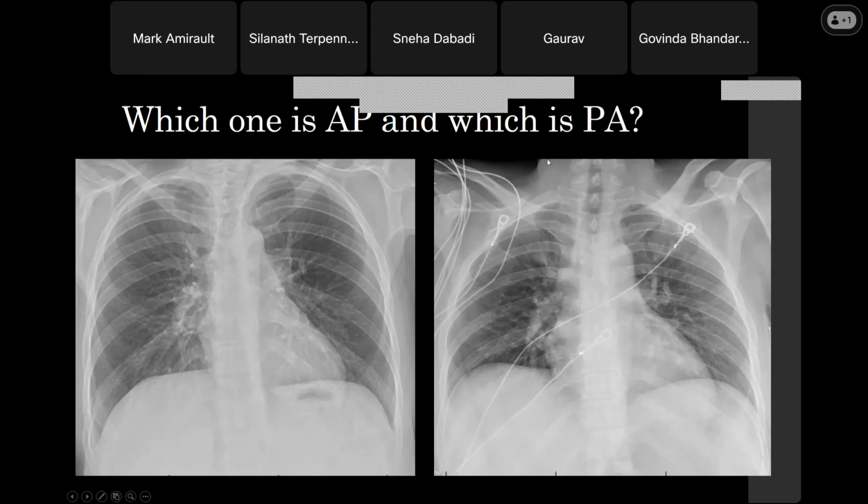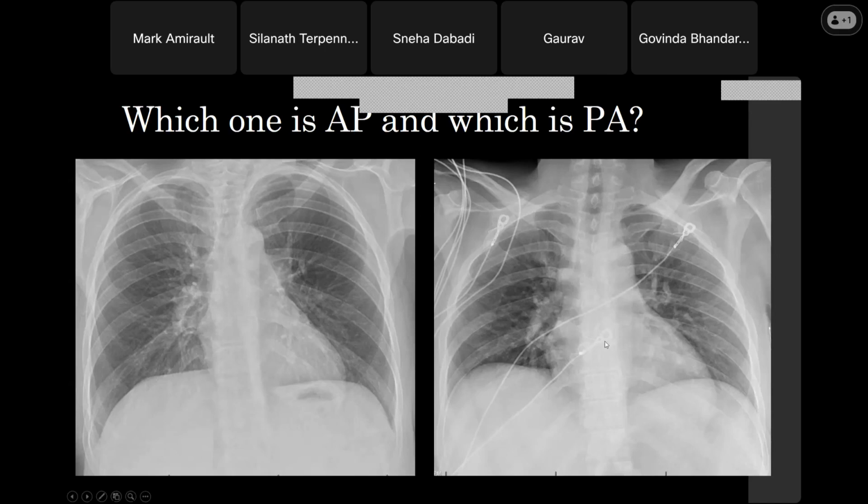That would be like an AP view: anteriorly, the beams are coming in and we put our detector plate behind the patient on their back, versus the PA view, which is just the opposite. Typically in this case, the patient is standing up, they're raising their arms. We put the detector plate on their front chest and the X-ray beam is coming from their back.